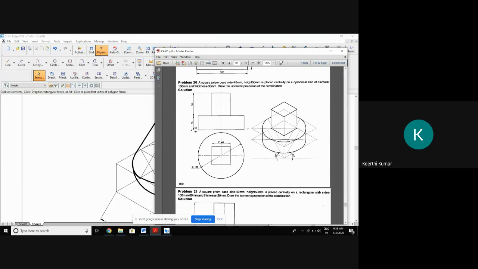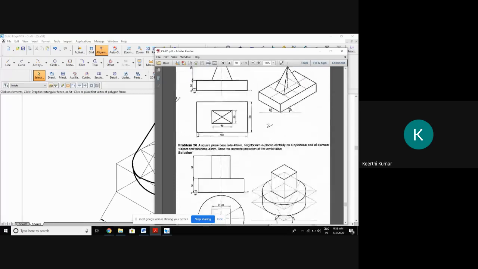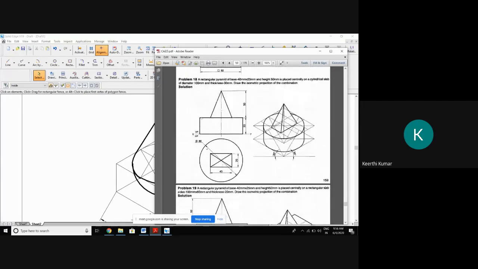Okay. We will go for problem number 18. See, in this problem number 18, the base is a cylinder. Correct? So you read the question.